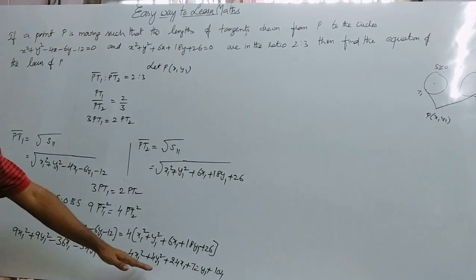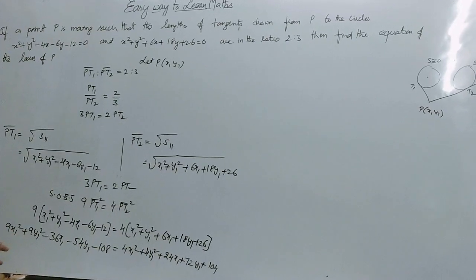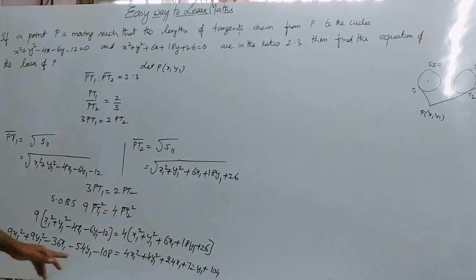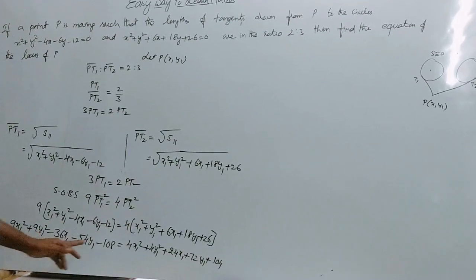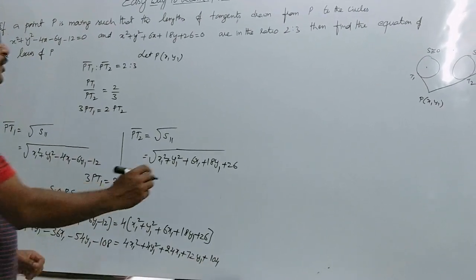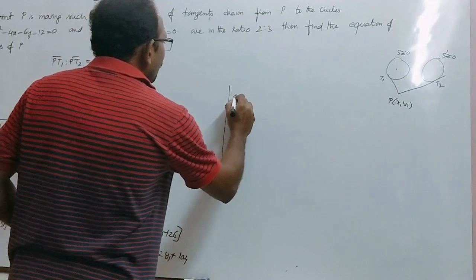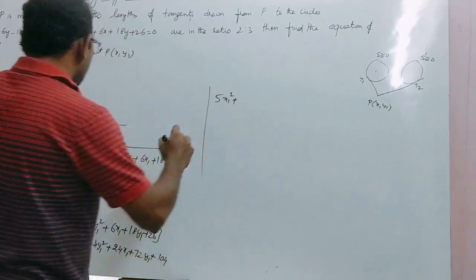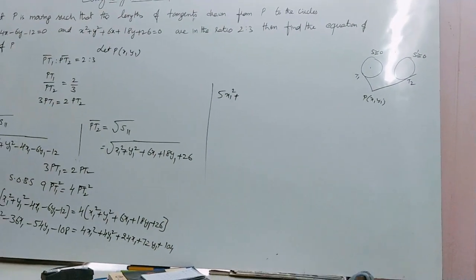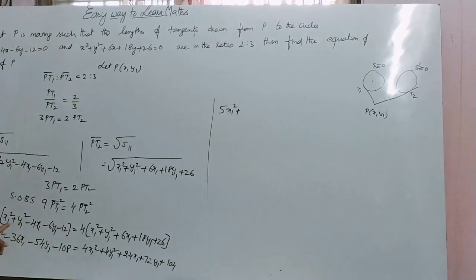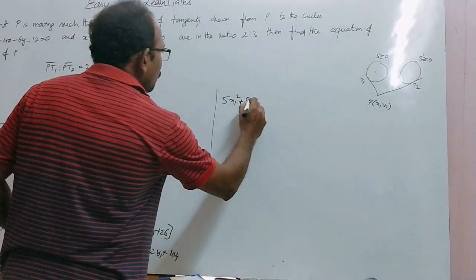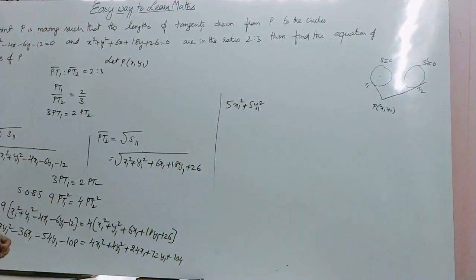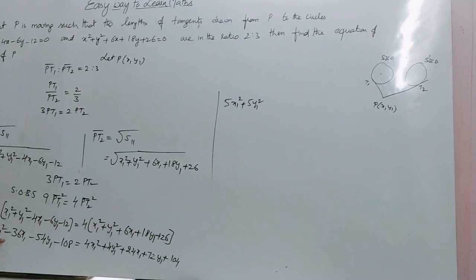Now let us shift these values into LHS. Then here already 9x1 square, and here plus 4x1 square becomes minus 4x1 square. Therefore 9 minus 4, simply 5x1 square. Therefore 5x1 square plus, similarly here 9y1 square and minus 4y1 square. Therefore 9 minus 4, again 5y1 square. Now let us come to x1 values.